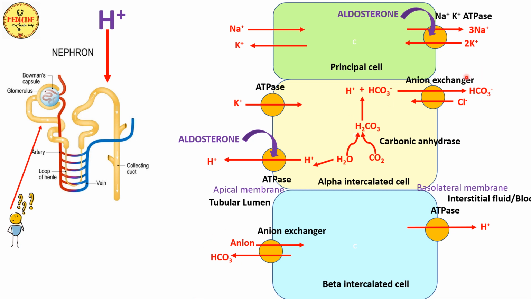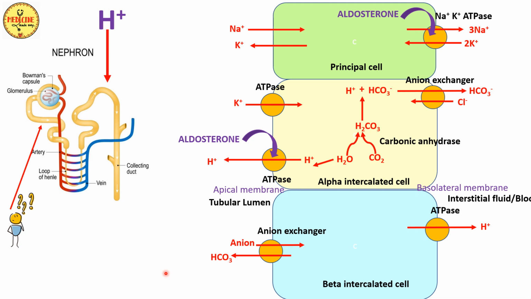So it is exactly the opposite of this, where the bicarbonate is secreted into the blood, while here the bicarbonate is secreted into the tubular lumen. So this is the basic mechanism of hydrogen ion homeostasis in the collecting duct.